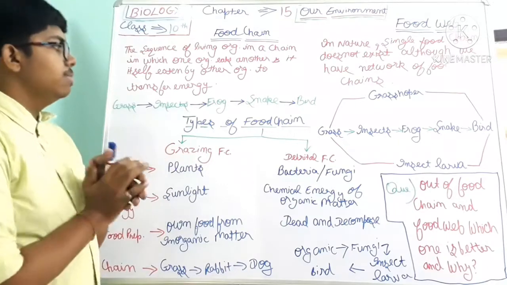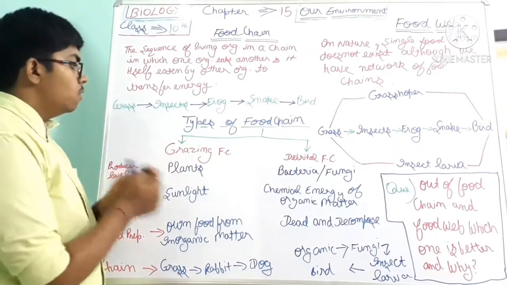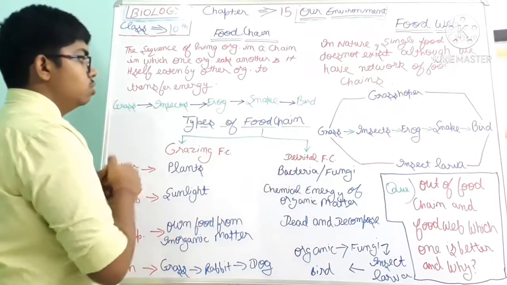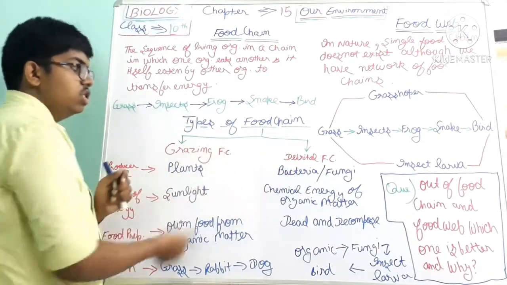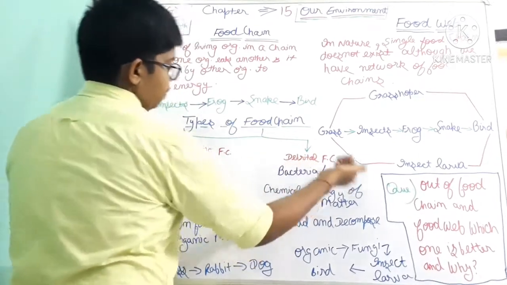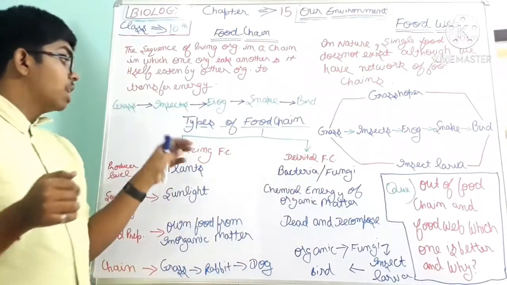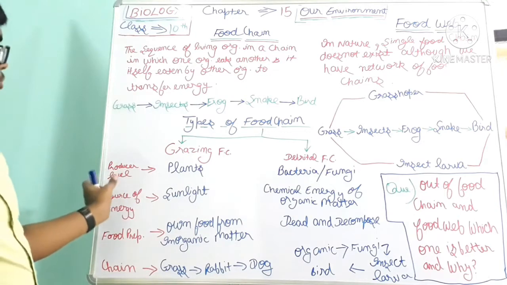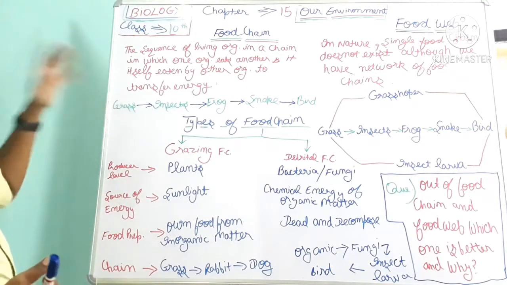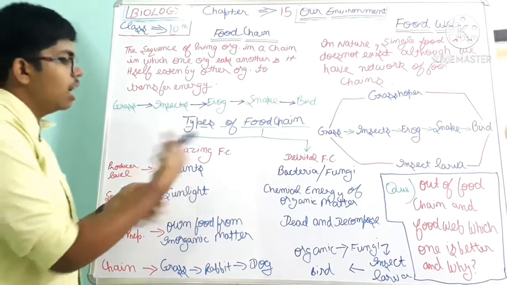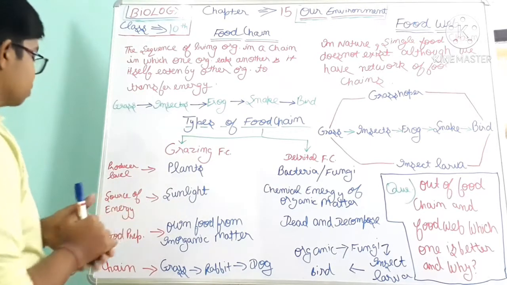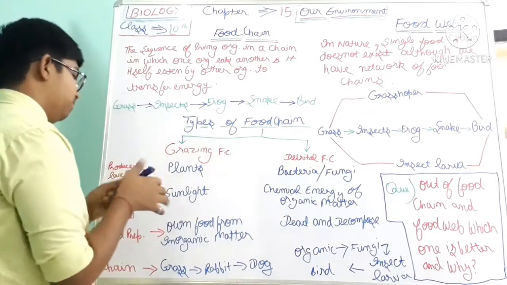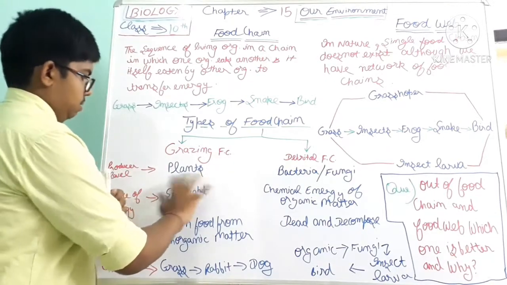Now we will study the types of food chain. There are basically two types: one is the grazing food chain and the second is the bacterial food chain. In the grazing food chain, the producer level, which means the primary level where food is prepared, is plants.